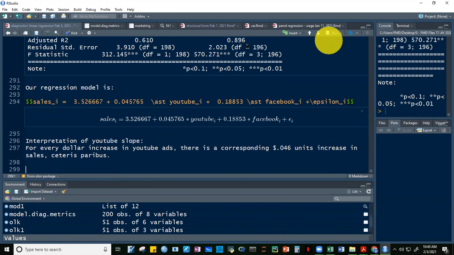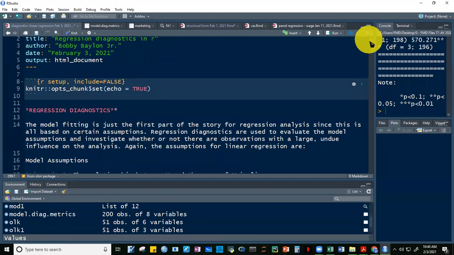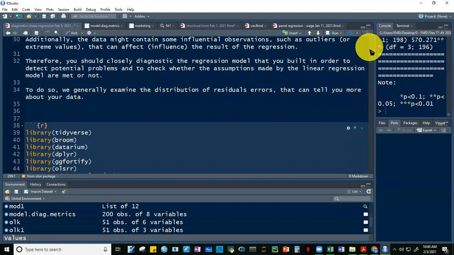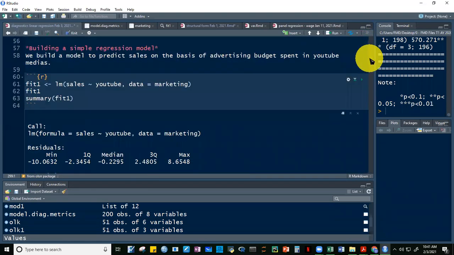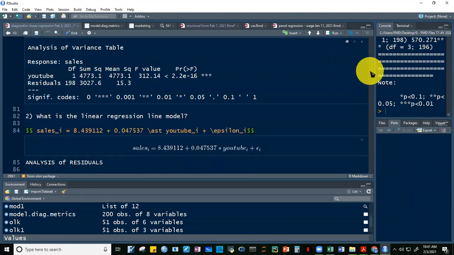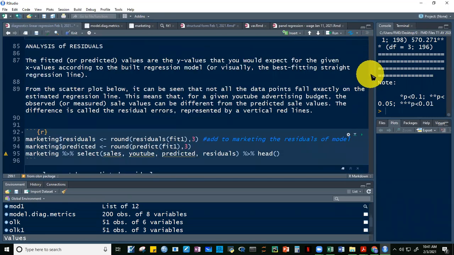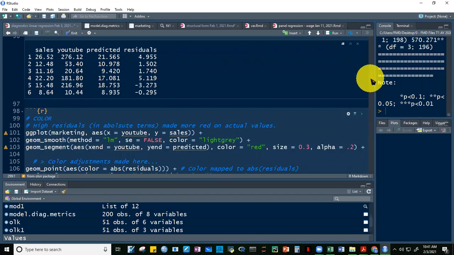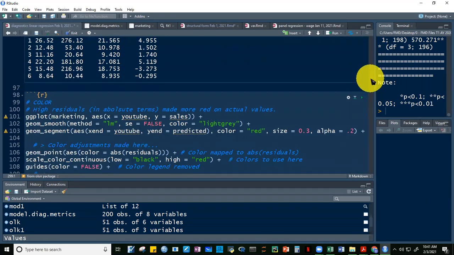Okay, any questions guys so far? Okay. So, I leave guys for you to go through this. So kung ano ginawa natin dito sa model 1, you can do it here. Okay?